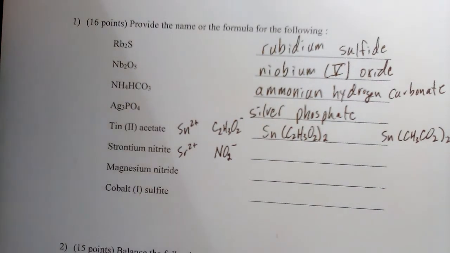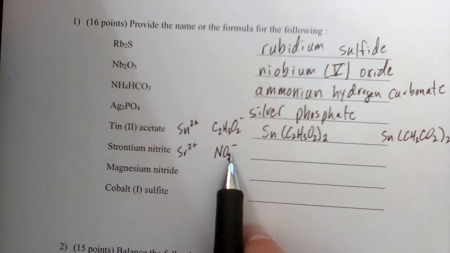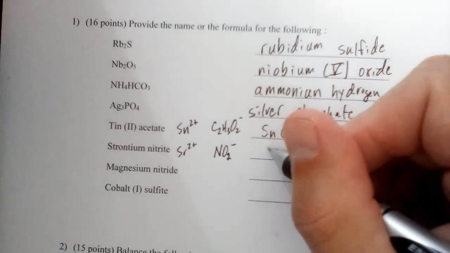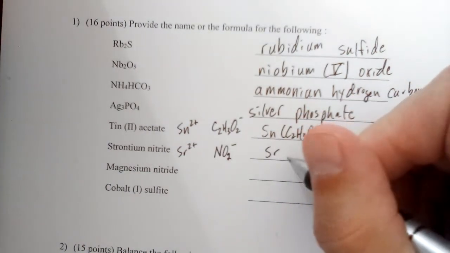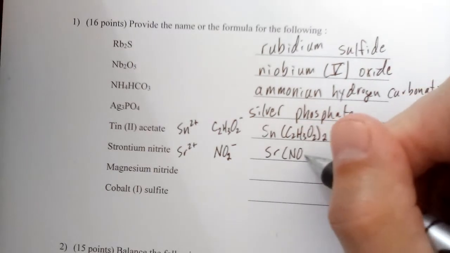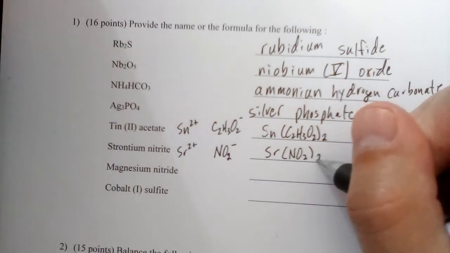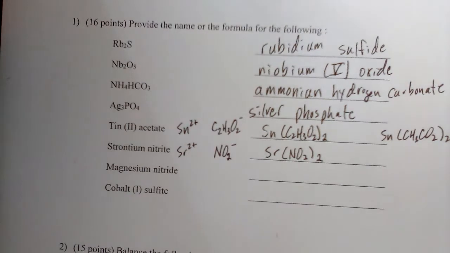ITE at the end is the designation for the version that has 1 less oxygen than the ATE ended compound. But again, we've got a +2, -1 ratio here, so that would mean we want 1 of our cation and 2 of our anion. So that again is going to go in parentheses, and the 2 should go outside of the parentheses.